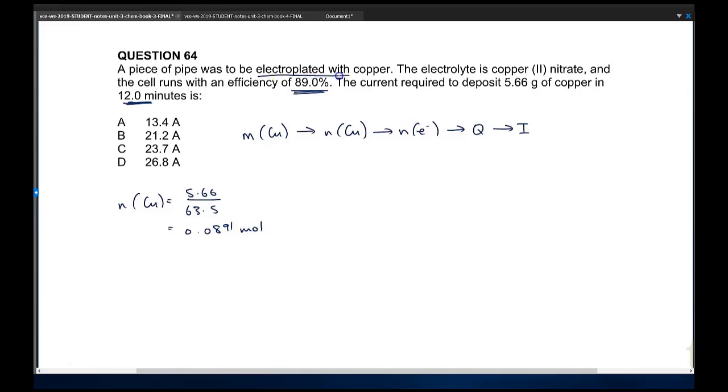Now we're electroplating with copper, which means we're going to have copper ions being reduced to copper. So if I know the mole of the copper, I can find the mole of electrons. So mole of electrons is 2 times the mole of the copper.